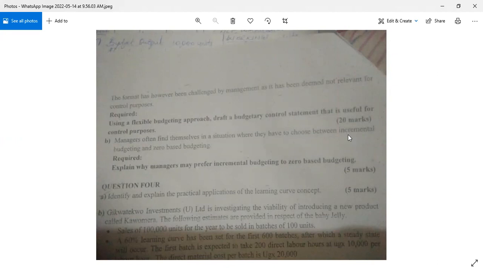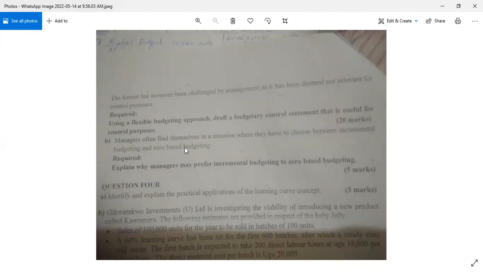Whatever is left, you add anything incremental to it, based on the level of activity. If your sales are going to increase, you add more commission. If you're going to expand, maybe have another branch, you increase your cost of employees. That's what you call incremental.